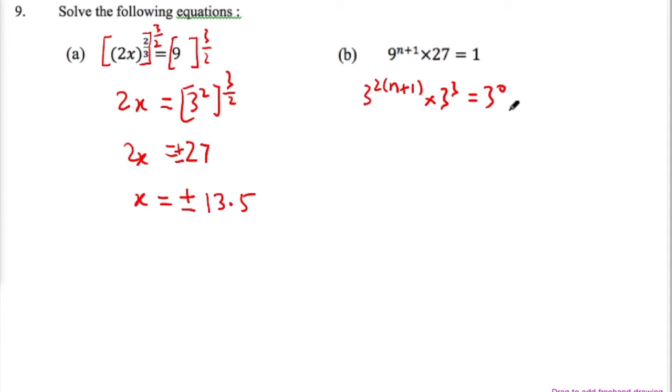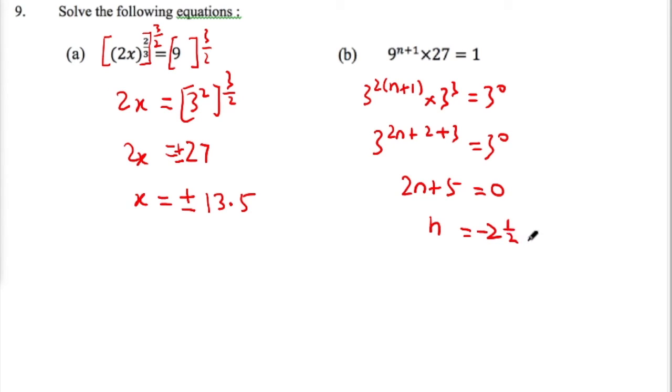Now we have a common base. 3 to the power of 2n plus 2, and multiplication we add the power. So we have the same base. We can equate the power, giving us 2n plus 5 equals to 0, which is 2n equals to negative 2.5.